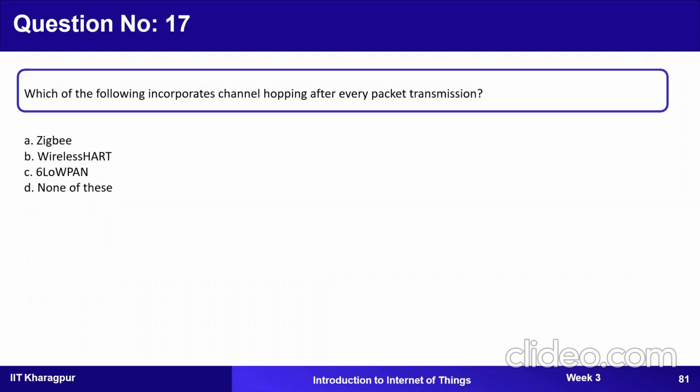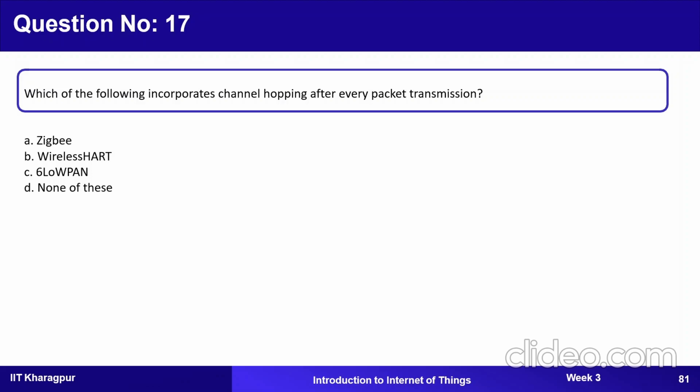Next question is, which of the following incorporate channel hopping after every packet transmission? Options are ZigBee, wireless HART, 6LoWPAN, none of the above. So this channel hopping thing we have discussed in the first question of this session, that in case of wireless HART, channel hopping is used in order to provide security.